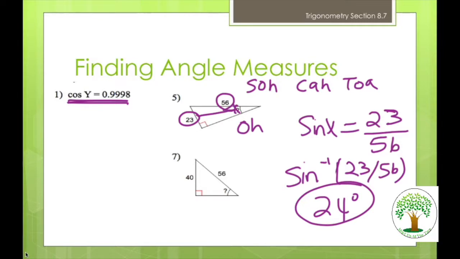Yes, big difference. All right. So make sure you put your parentheses. Hers divides the whole thing by 56, taking the sine of 23 divided by 56. You didn't do the second, the inverse sine. Okay, no, it's the same. So you don't have to put your parentheses at the end. That's nice. Good to know. Let's do number 7.